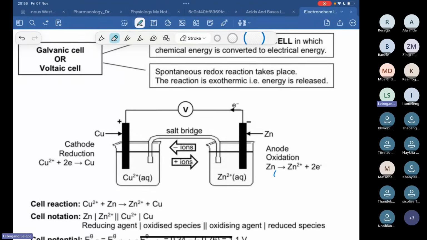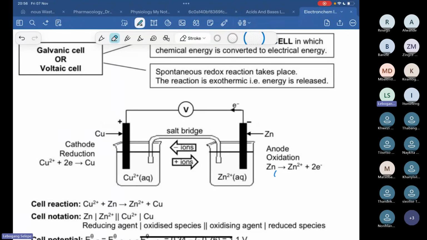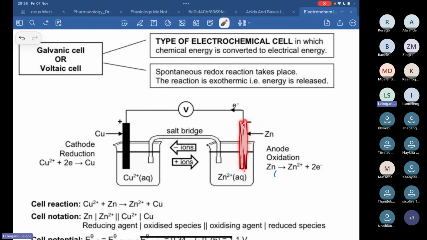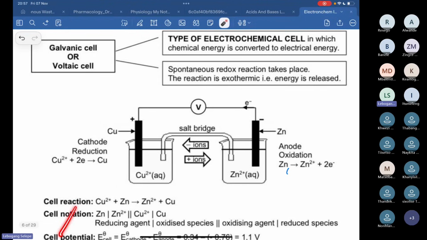All right, let's move on and analyze this fully. A galvanic cell is made up of two half cells. In each half cell, you have a metal electrode and its corresponding solution. As you can see, the metal here is Zn, and the corresponding solution must contain Zn2+ ions. On the other side, our electrode is copper, and the solution is a copper solution.